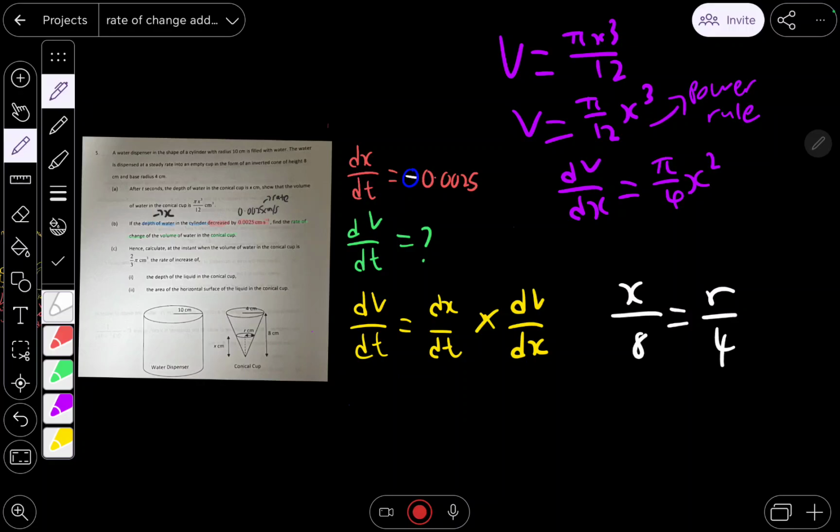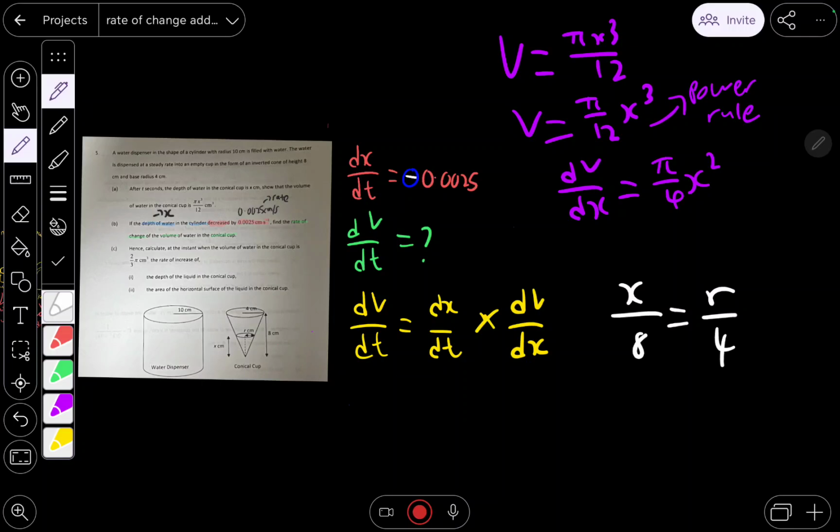Hold on. So r is half. Okay, so this is the part. We have to find r in order to get our value for dV/dt. I mean, find the value of x, okay?